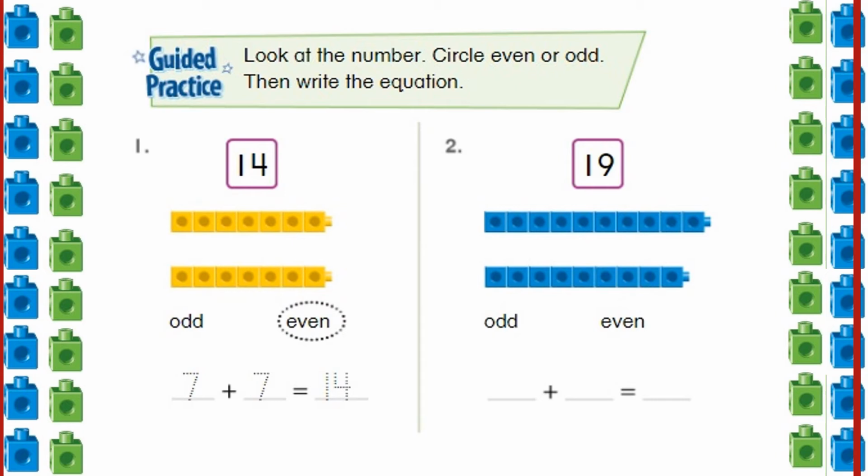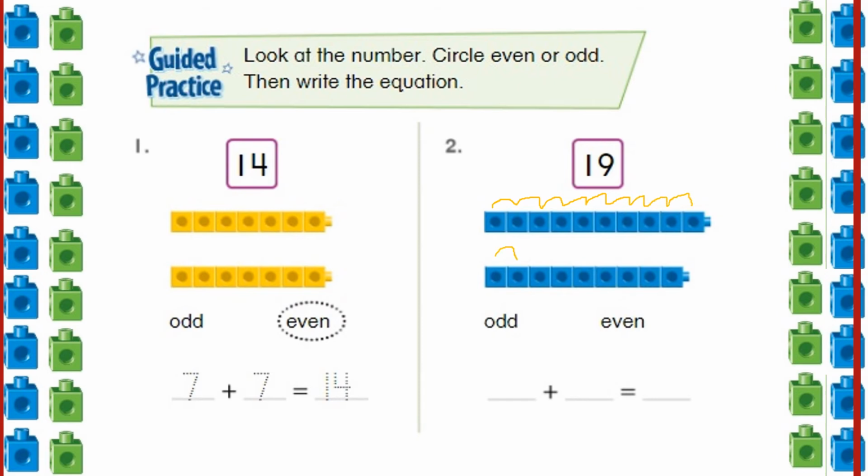So see if you can do number 2. Pause if you need time. Okay, do you have it? So let's see. It says there's a 19 at the top. We have 19 blocks here. 1, 2, 3, 4, 5, 6, 7, 8, 9, 10 there.